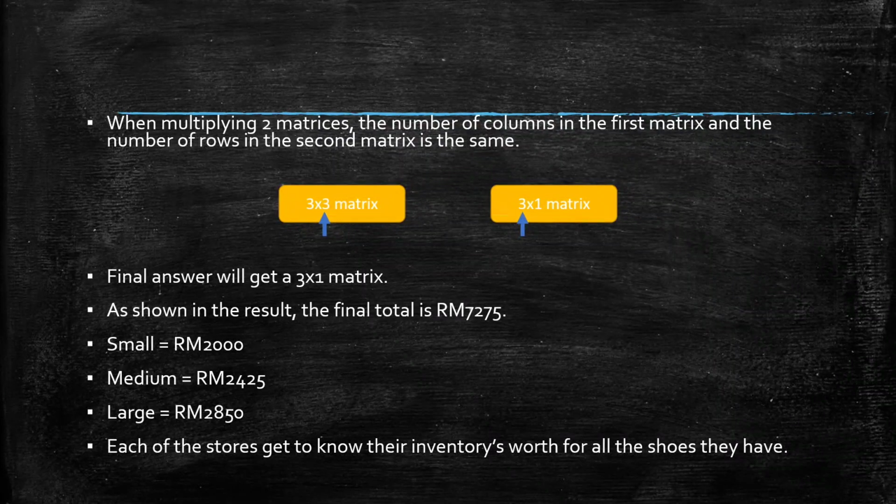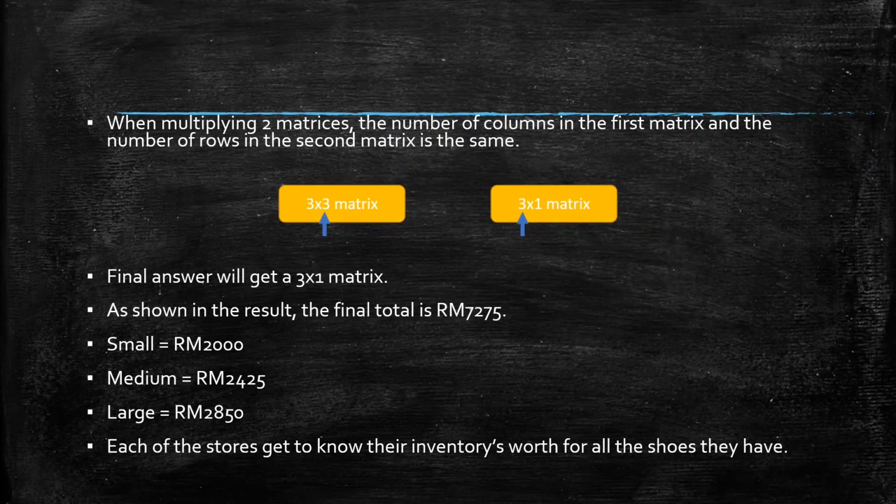As shown in the result, the final total is RM 7275. Small size shoes will get a total of RM 2000, RM 2425 for medium shoes, and large size shoes will get RM 2850.